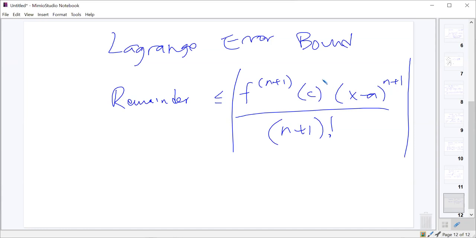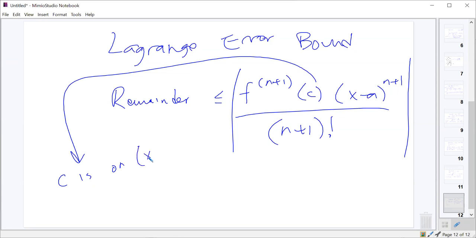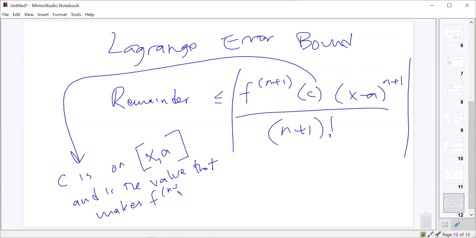I should make a note here that this c is on the closed interval from x to a or a to x, whichever one is smaller. Doesn't really matter. So c is on the interval from x to a and is the value that makes that n plus first derivative the largest.